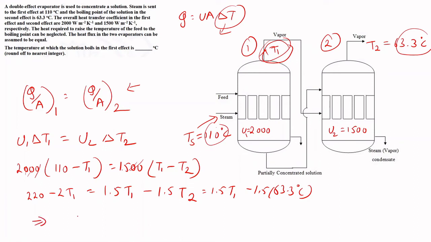So basically, 2 plus 1.5 is 3.5 T1, which is equal to 220 plus 1.5 times 63.3, which will become 94.95, so 314.95 degrees Celsius.